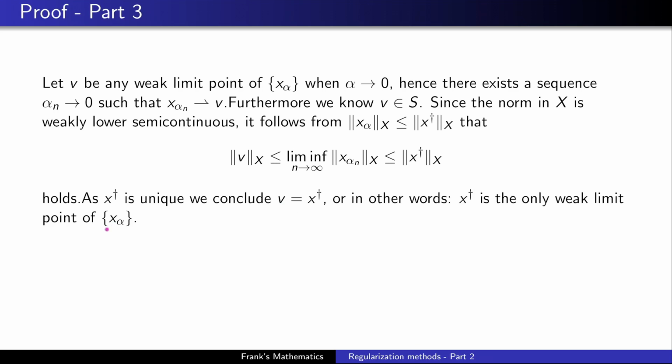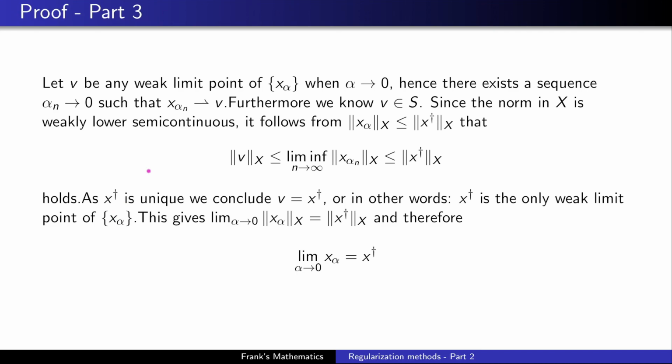Now we make use of the weak lower semi-continuity of our norm in X, and conclude that the limit of the norm of x alpha is in fact the norm of x dagger. And by standard arguments, we can now conclude that our sequence x alpha is in fact strongly converging against our minimum norm solution.